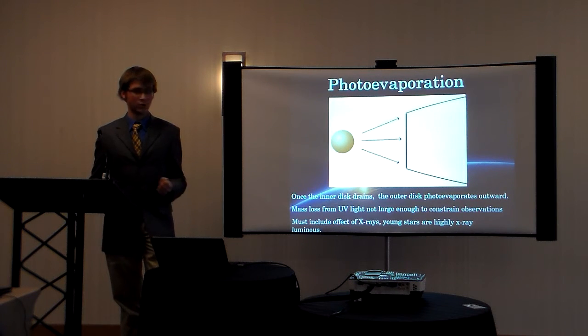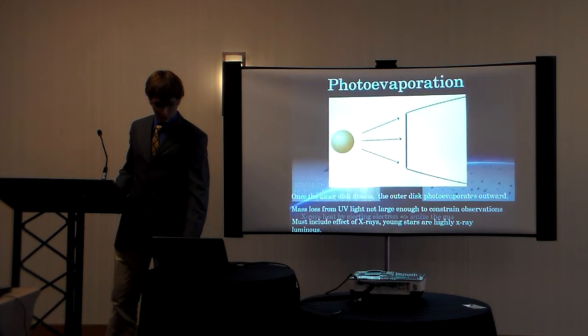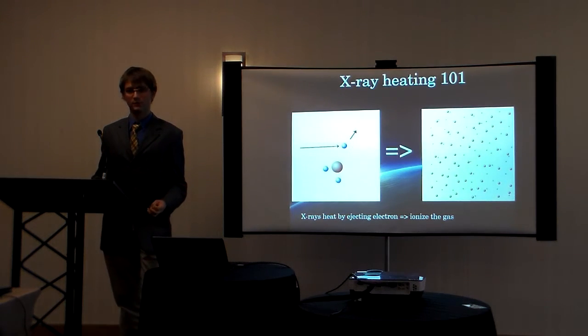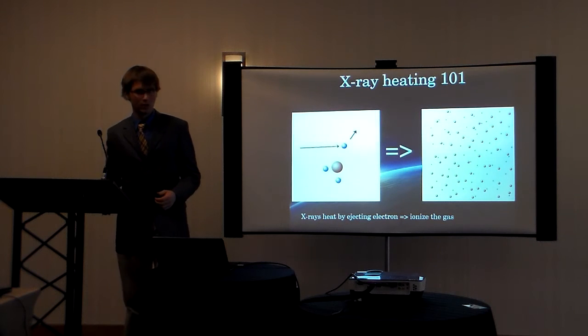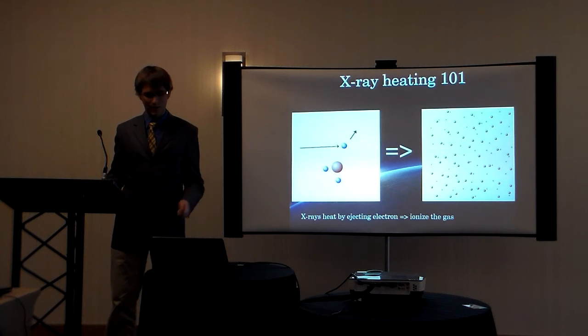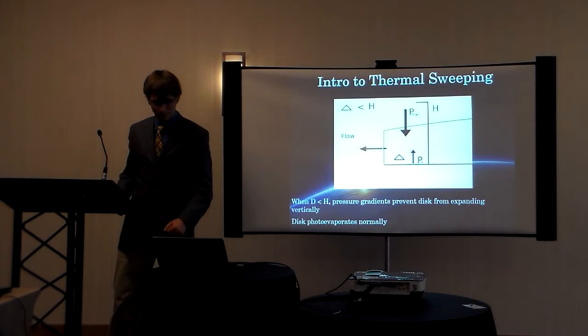Because young stars are extremely X-ray luminous in their early stages, further models included X-ray photoevaporation. That's different from ultraviolet photoevaporation, because X-rays work by ionizing the gas. They eject electrons, whereas ultraviolet light only increases the energy level of the electrons. And so it's a very different process.